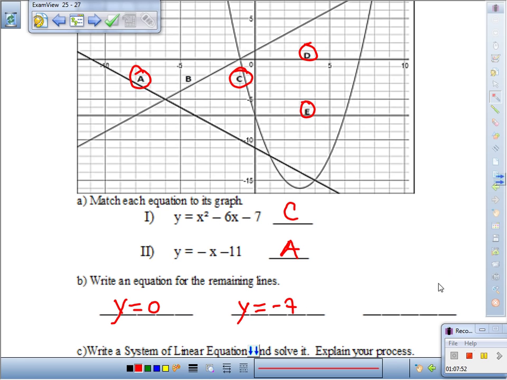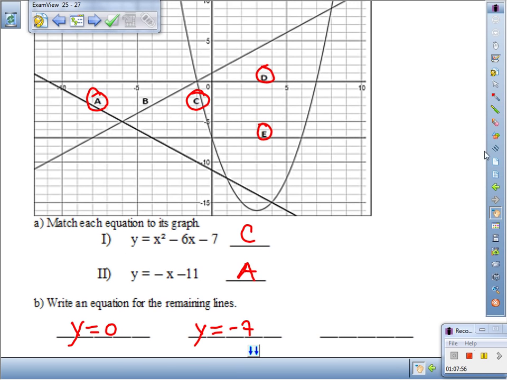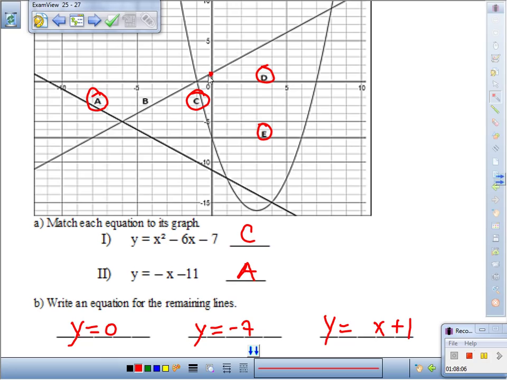So the only one we need to worry about right now is B. That means we need a y-intercept. So we got y equals blank x, and then plus 1. That's my y-intercept. Now I need to use another point. What's the slope? 1 up, 1 to the right. Therefore, it's 1.